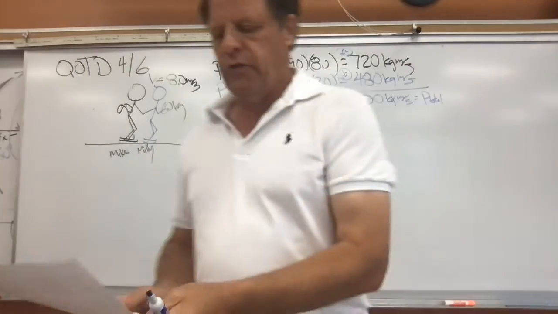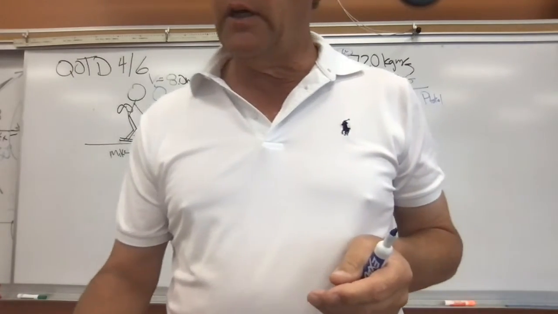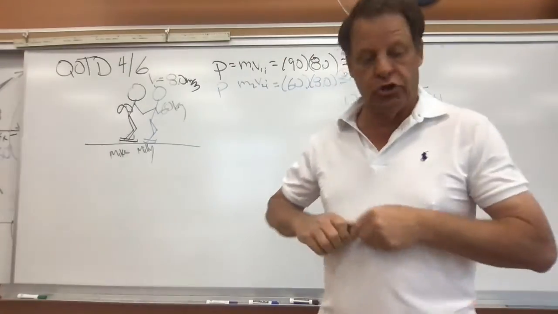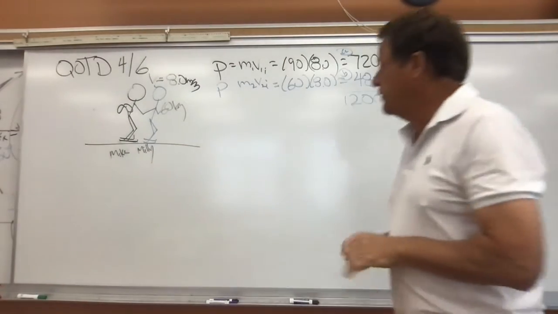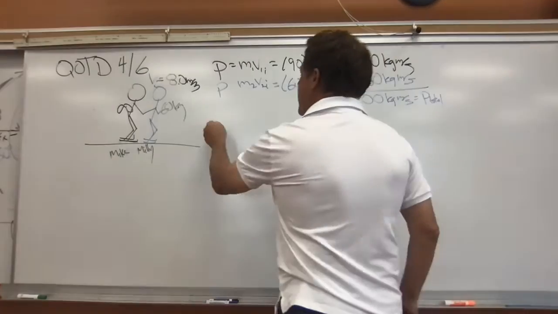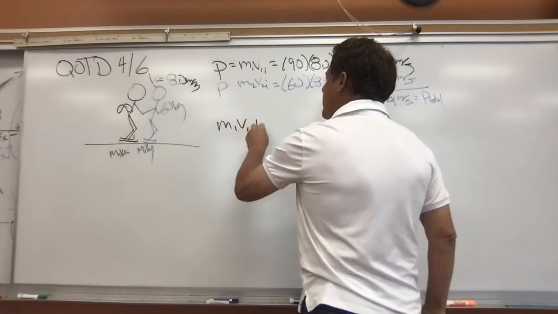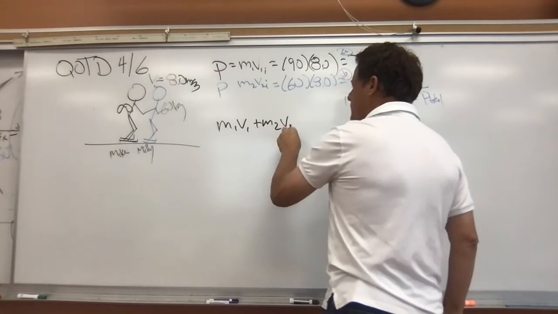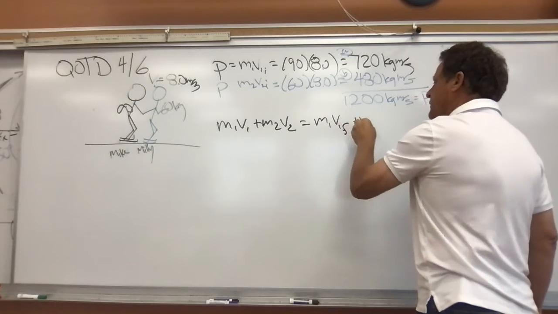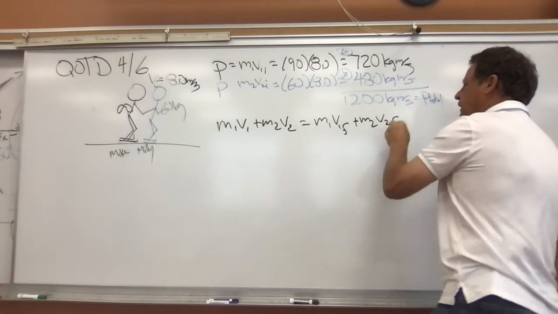Now question C is asking us, what is the momentum of Mike after the push? This is going to be a conservation of momentum problem. So we're going to have m1 v1 plus m2 v2 is equal to m1 v1 final plus m2 v2 final.